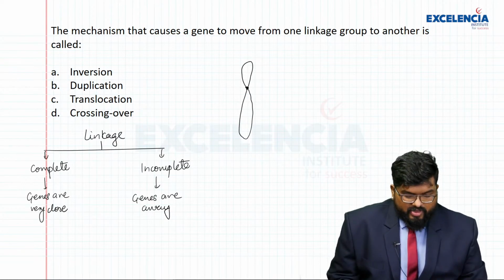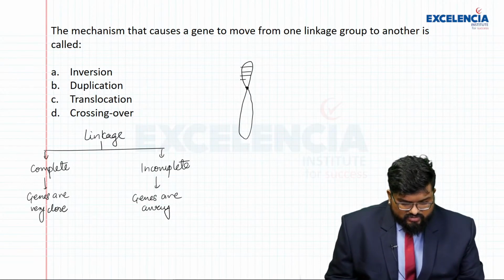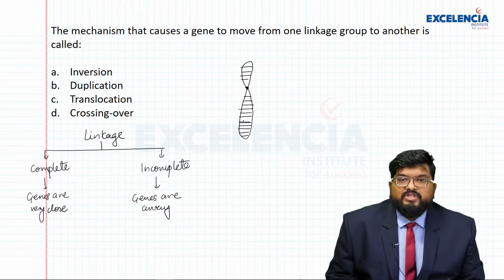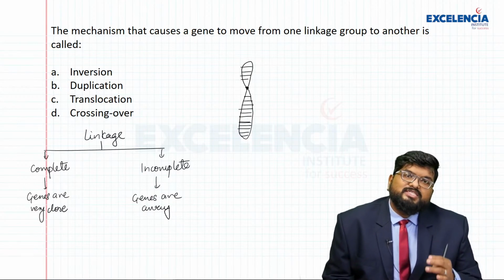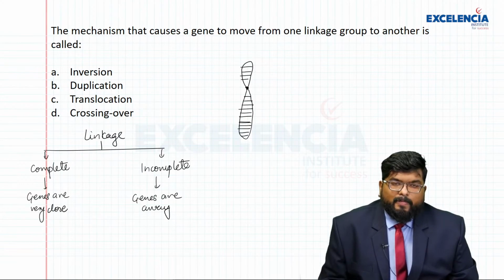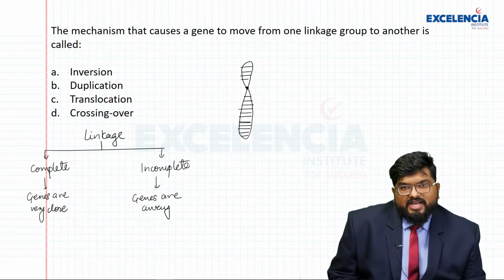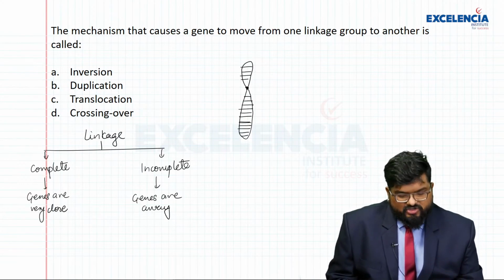All these genes which are a part of the same chromosome can be said to be linked to each other. Now they can be completely linked or incompletely linked based on the position.